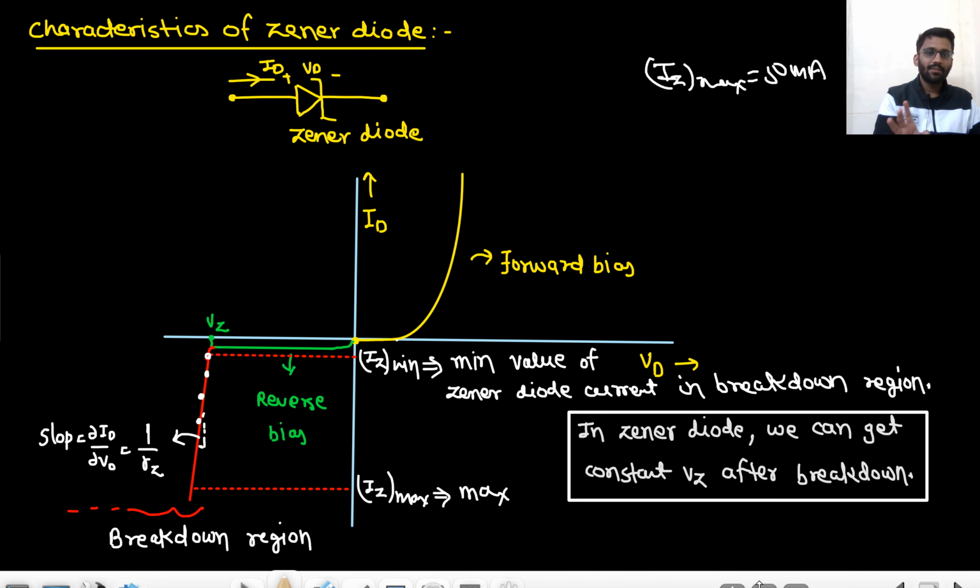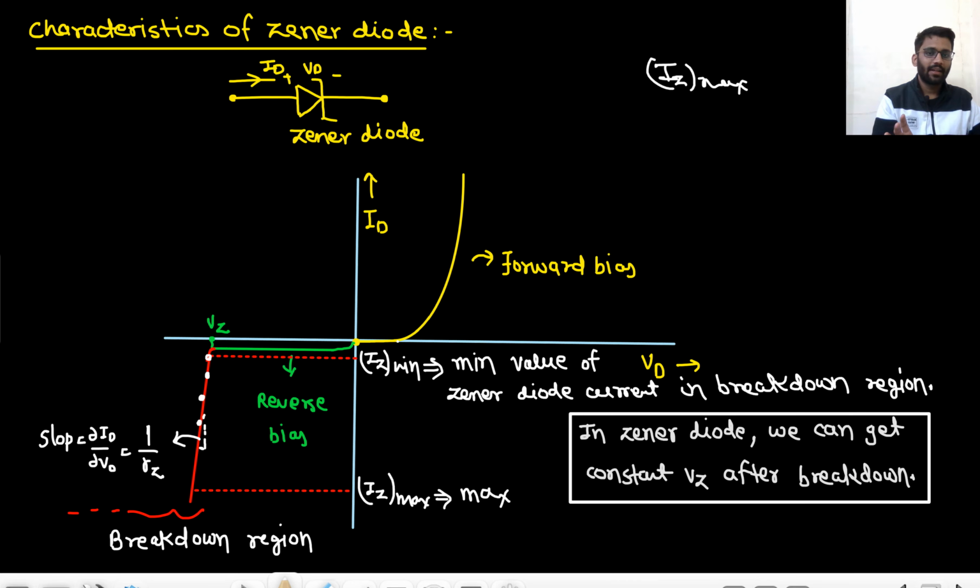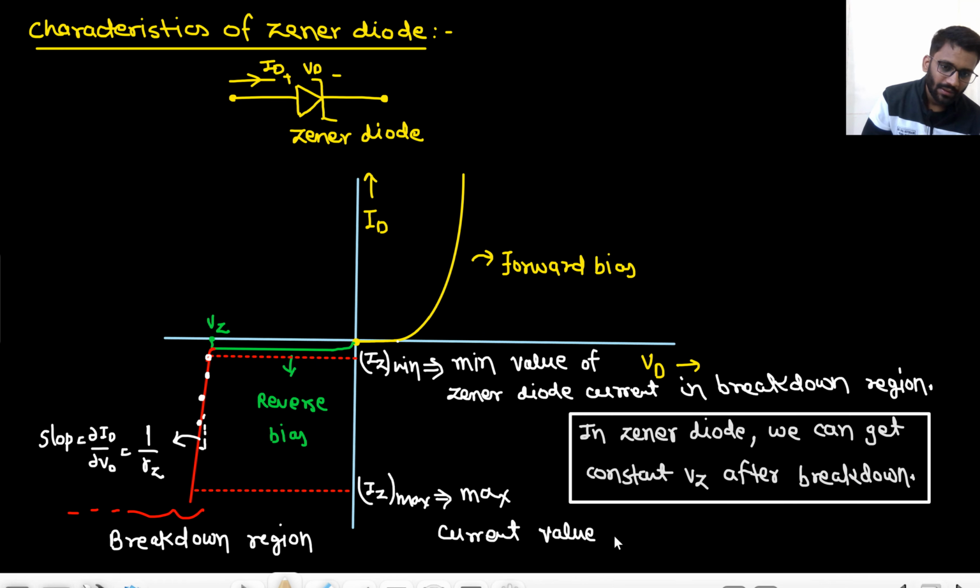So IZ max is the maximum current value that the Zener diode can take.